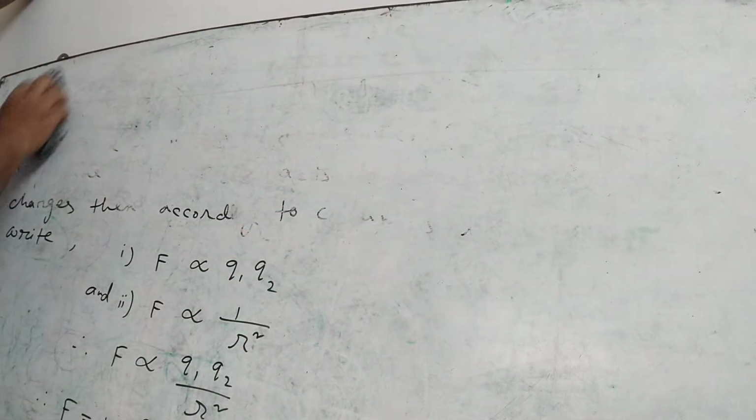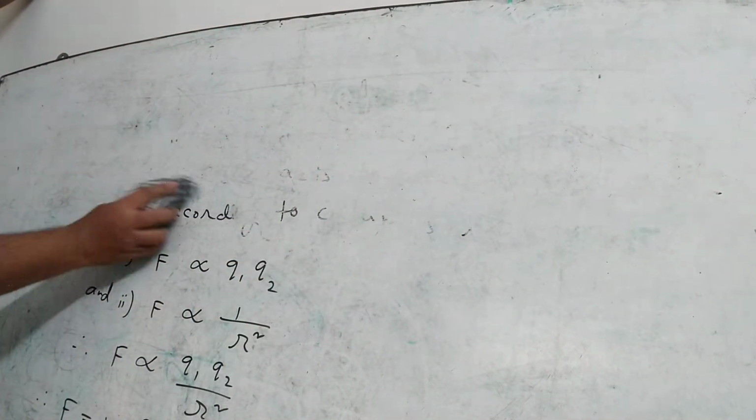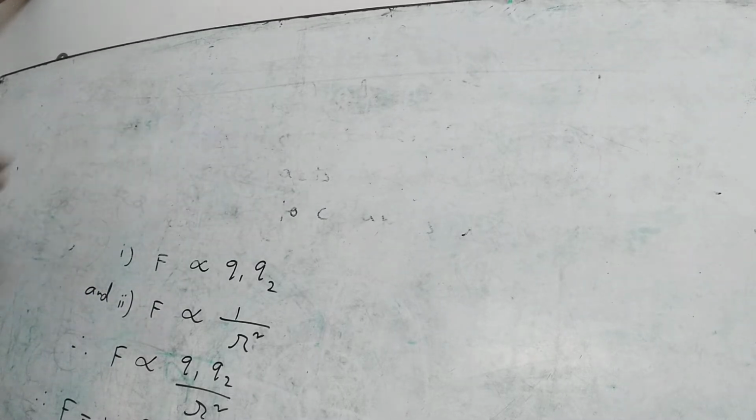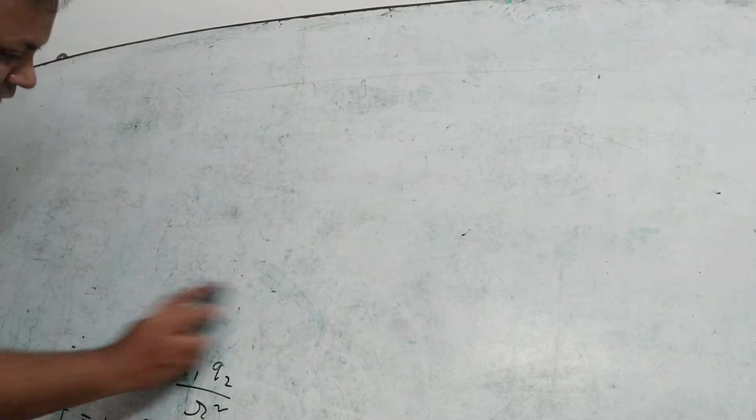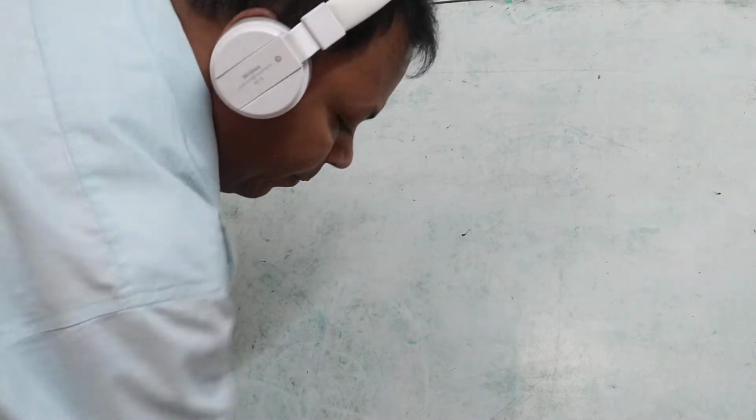The value of the constant is different in different measurement systems. That means in the CGS system the value of K is 1 when we place the two charges in air or vacuum.